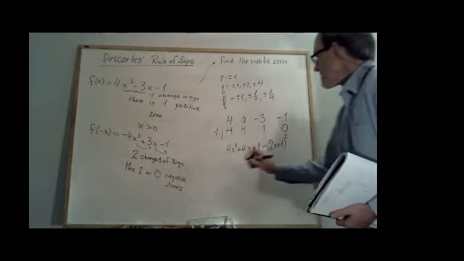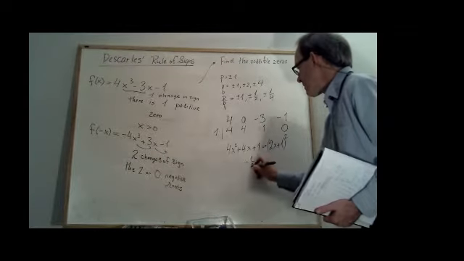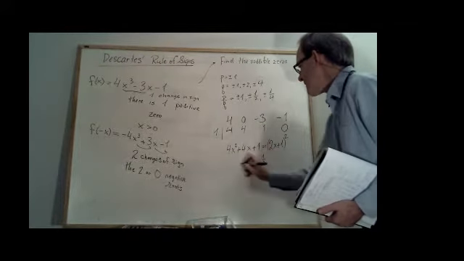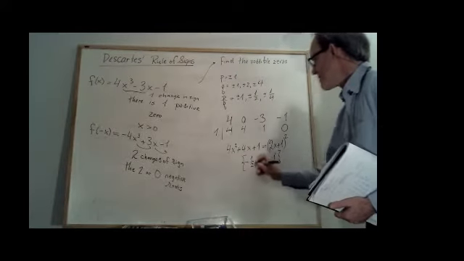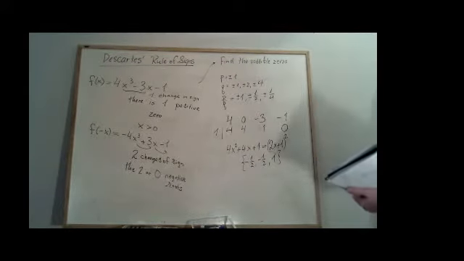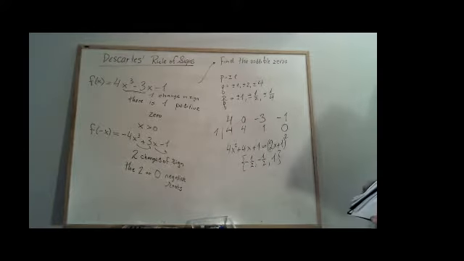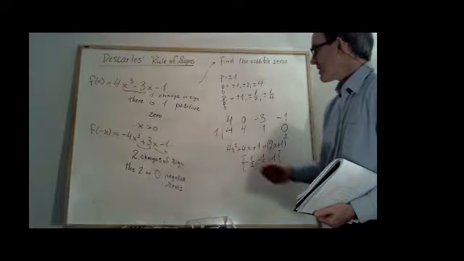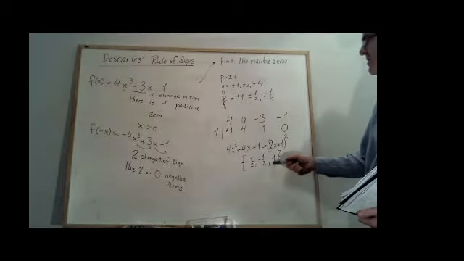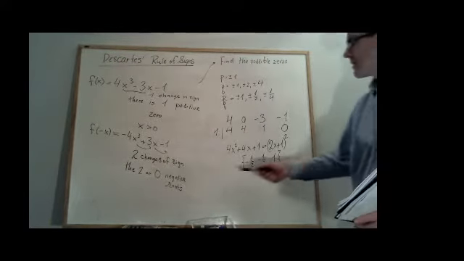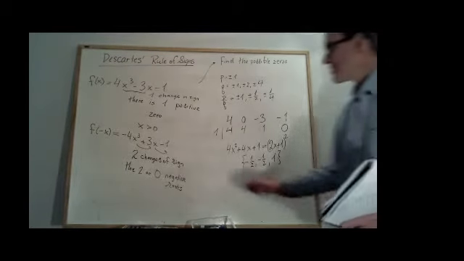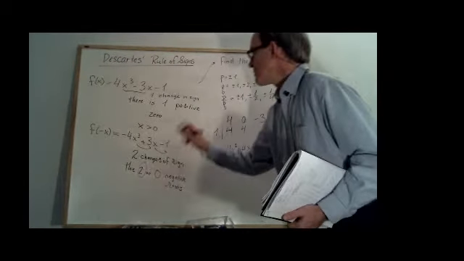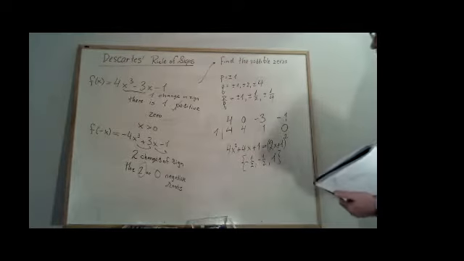So the remaining roots are minus a half, they're repeated. These are all the roots. This is multiplicity 2. Okay, well did Descartes' rule actually predict that correctly? Yes, there is one positive root. And for here we have 2 negative roots, yes. So this is what it turned out to be.